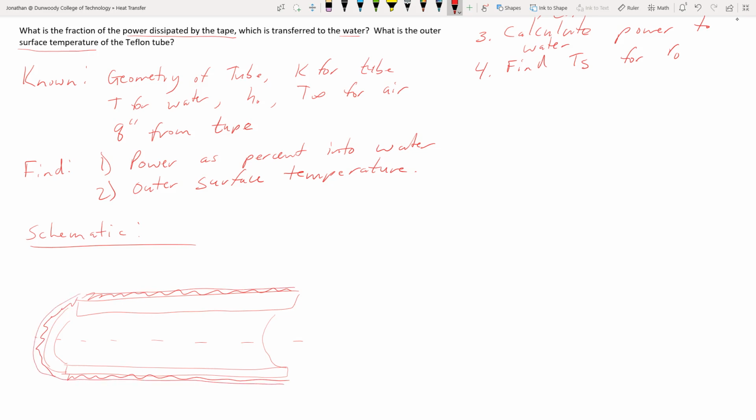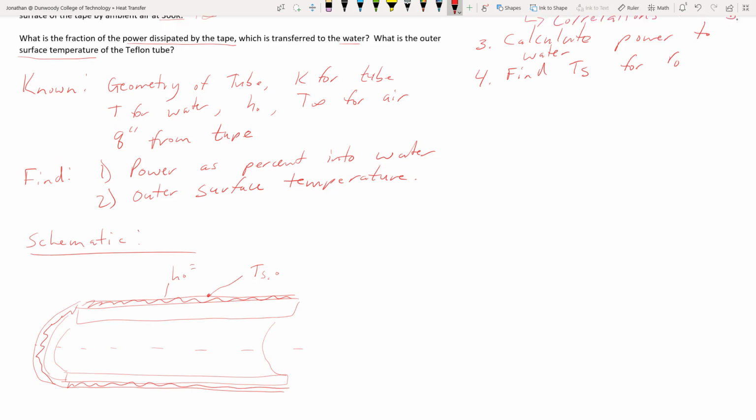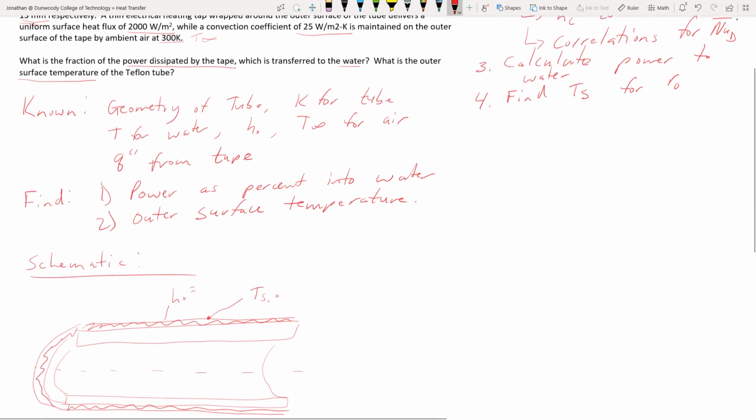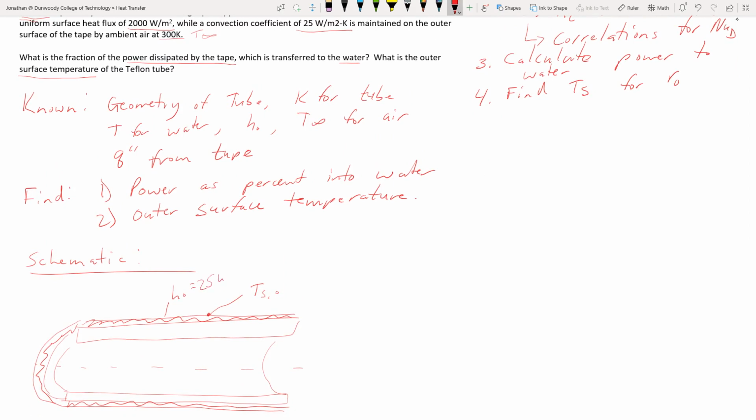That's our outer surface. T_s,o is what we're looking for there. We have h_o. What did we say there? That was 25 watts per meter squared Kelvin. T infinity out here is 300 Kelvin.